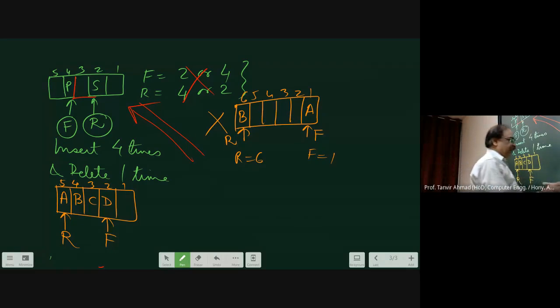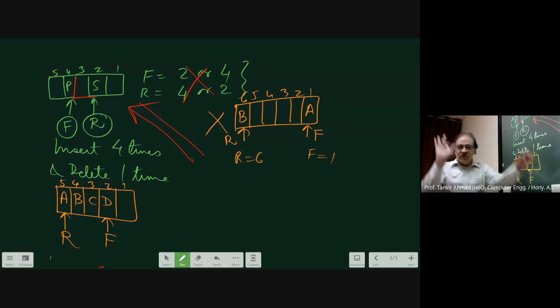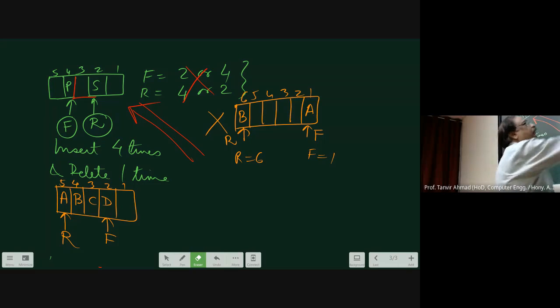Now let us come to this place. Is it okay for all of you that R cannot come to 6th position without filling 5, 4, 3, 2? Now let us come to this one.